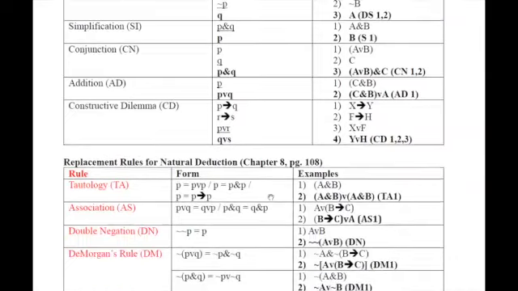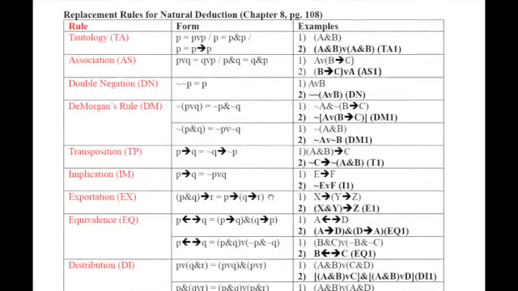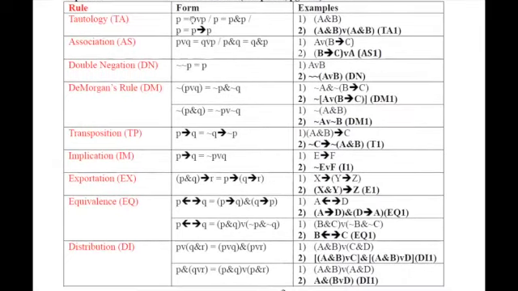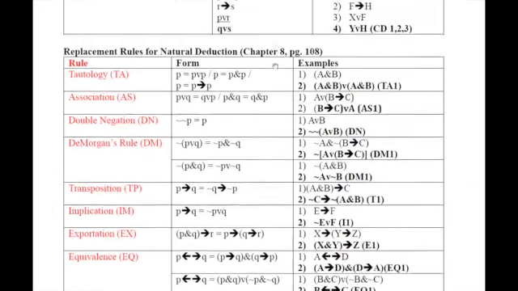And the replacement rules just tell us different ways we can express the same proposition. So there's nothing that's going to be in one that's not in the other, because these are equivalent.